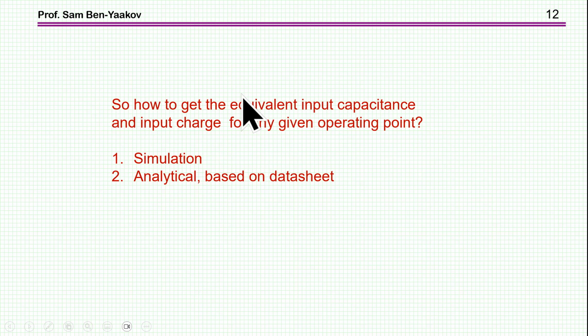Now there are two ways to do it. One is by simulation, which I highly recommend, and the other is by an analytical calculation based on the datasheet, which will be based on the plots of the small signal capacitors. If you have a good model, it is as good, and in fact much better, than the analytical calculations you can do, because the simulation model is based on measurement, while the plots in the datasheet, which you are going to use, are also based on measurement.